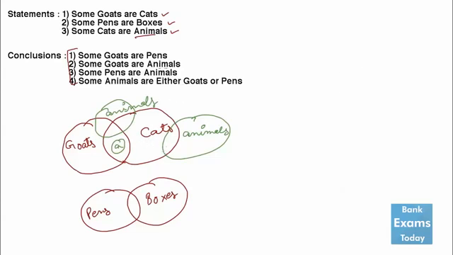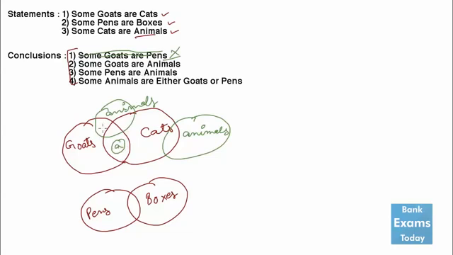Now let's move on to the conclusions. Some goats are pens, so there is no relation between the goats and pens. So this one is false. Got it. Some goats are animals.